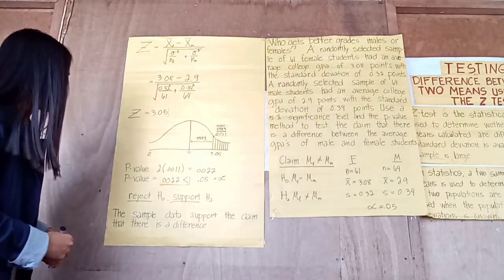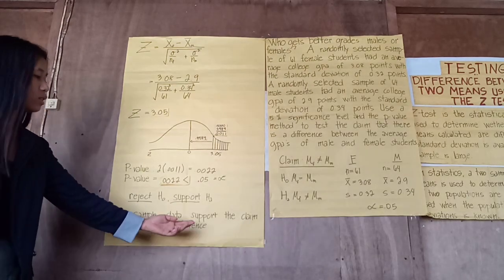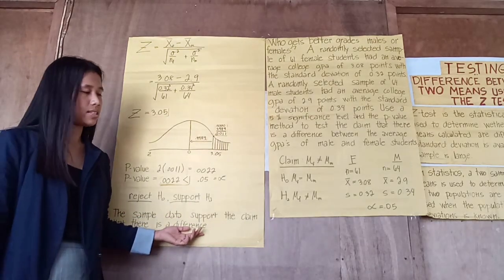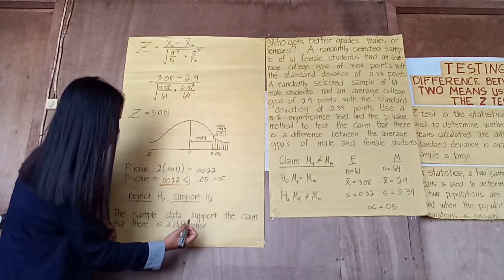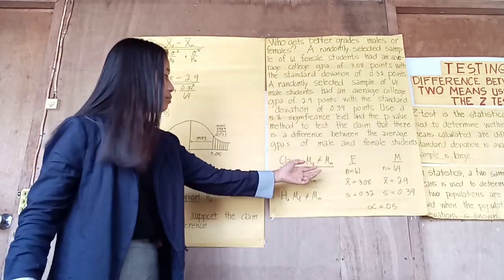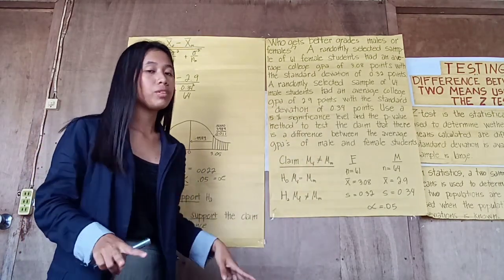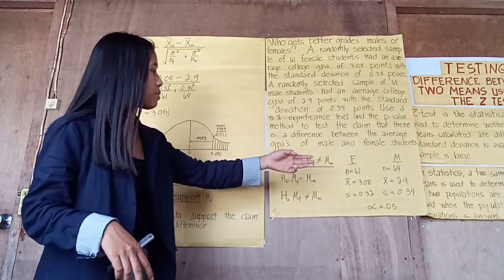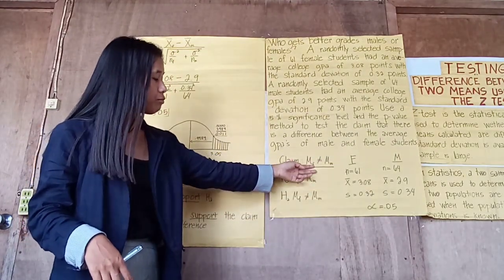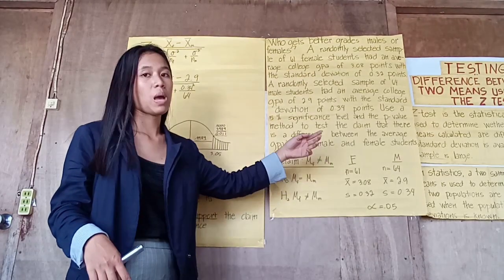So with that, therefore, the sample data support the claim that there is a difference. Okay, we use the word support here because our claim is the difference in GPA of female and male, which is mean of female is not equal to mean of male.